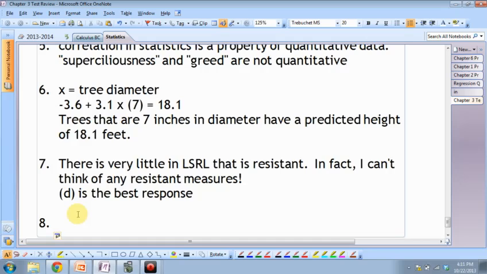Eight. A data set has a correlation coefficient R equals 0.65, and another data set has a correlation coefficient R equals negative 0.65. Okay, so they have the same strength, provided that both are linear. So the points in A exhibit a stronger linear association than B. Probably not.